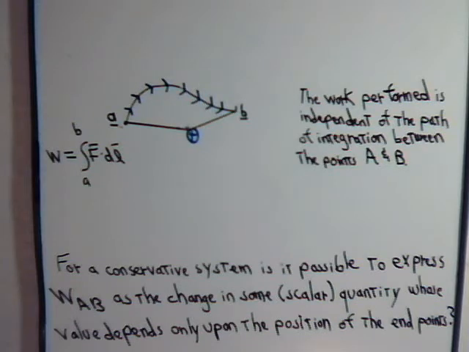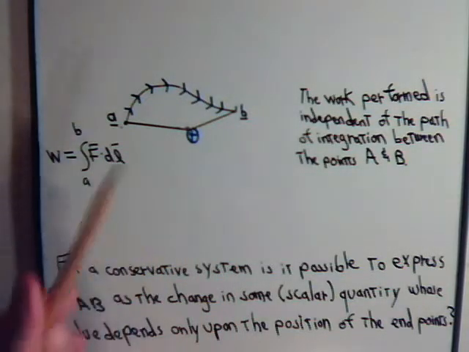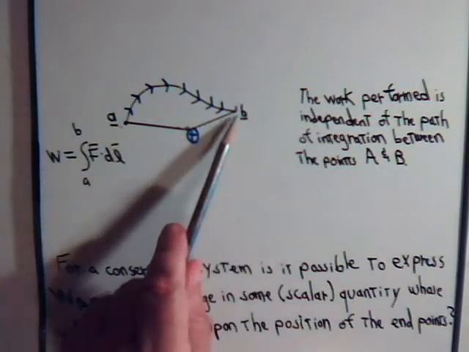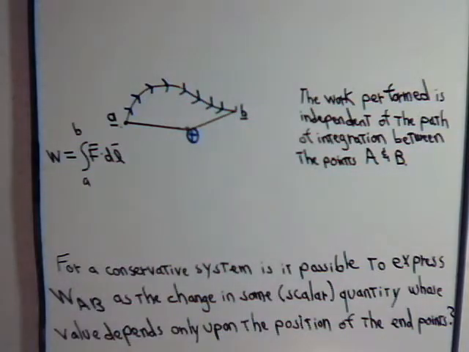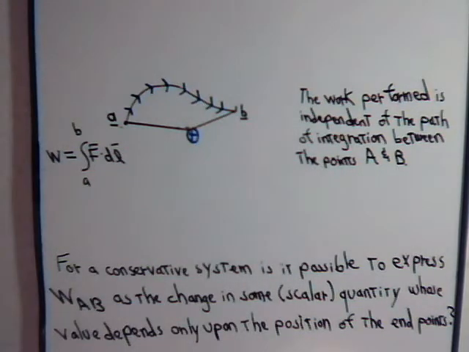And we found out, somewhat to our surprise, that the amount of work that's required to move the test charge depends only upon the initial separation and the final separation. It is totally independent of the path in between our initial starting point and our end point.